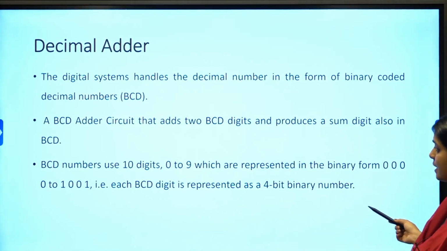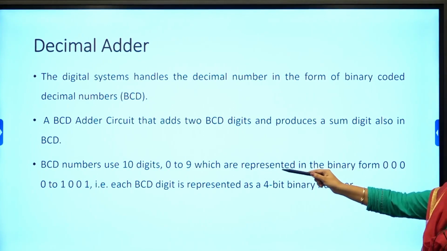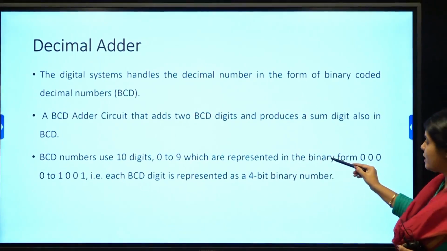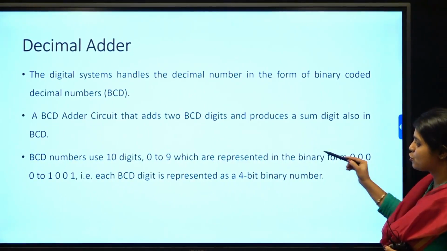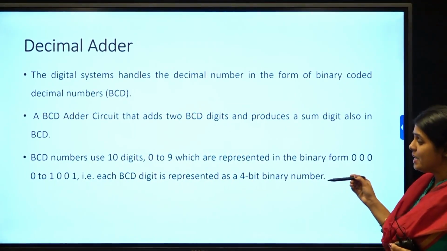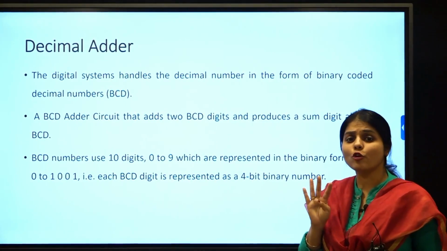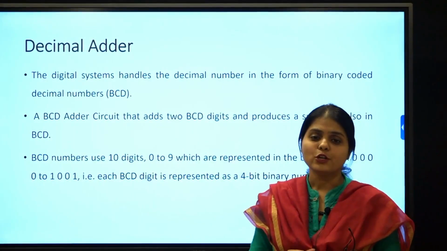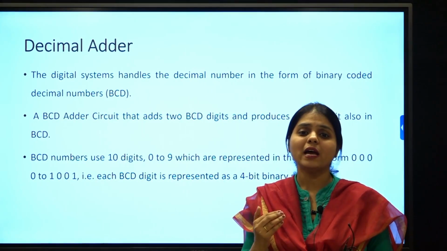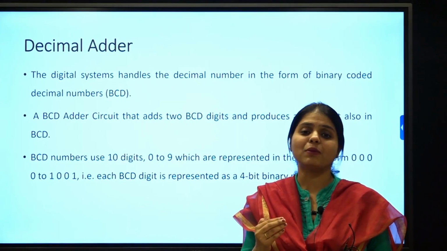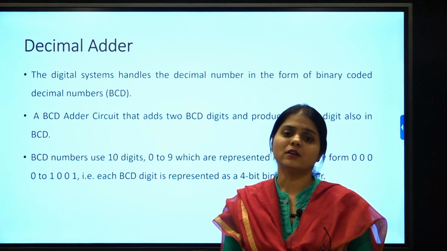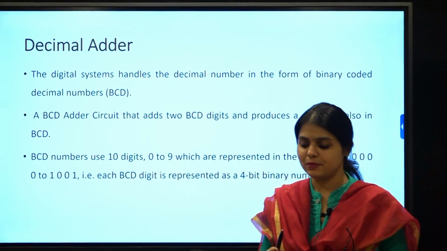We have already seen that in the last sessions, right? So each BCD digit is represented as a 4-bit binary number. We will see today how we add those 4-bit binary numbers, which is by using a decimal adder.